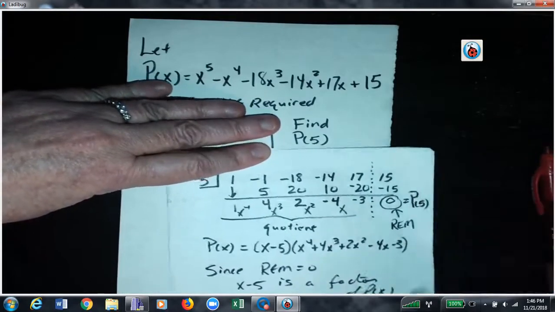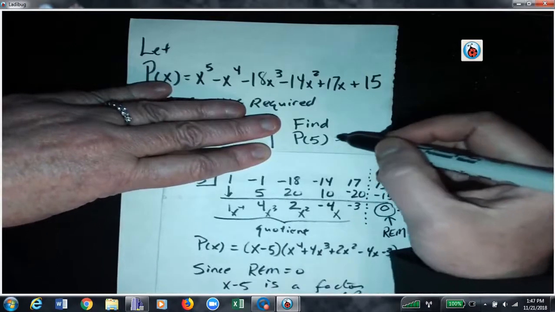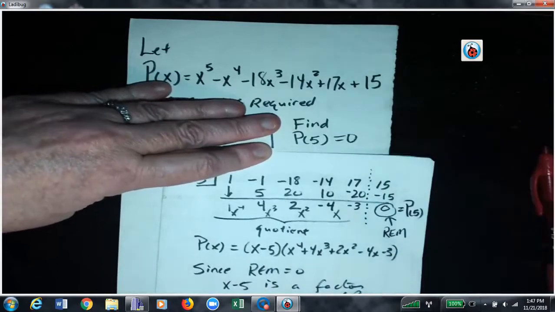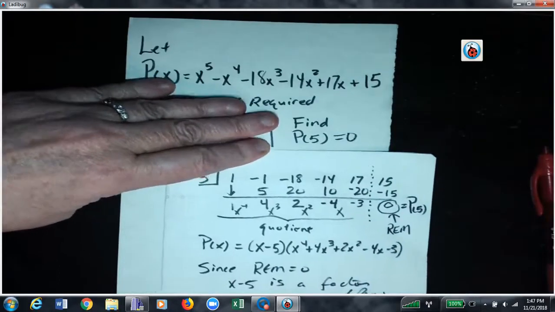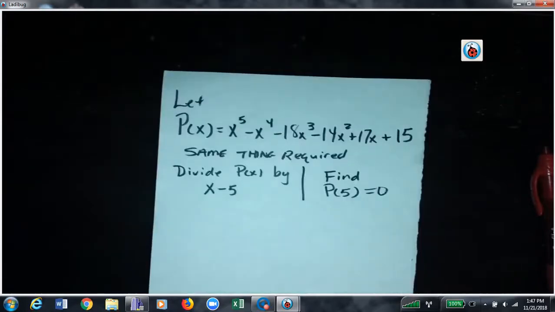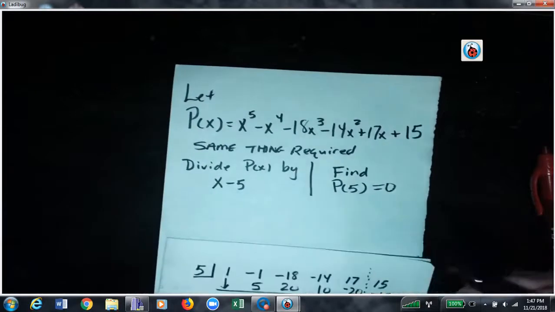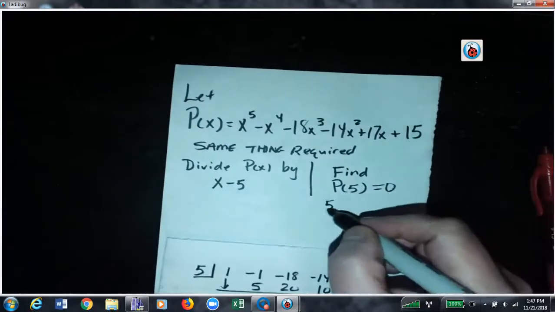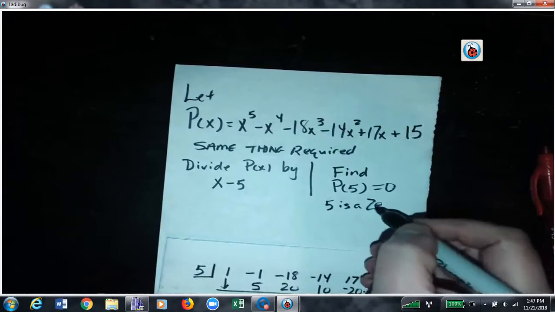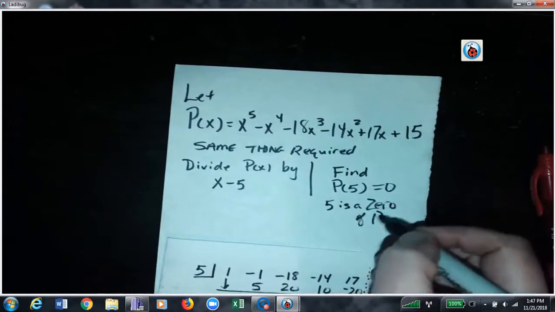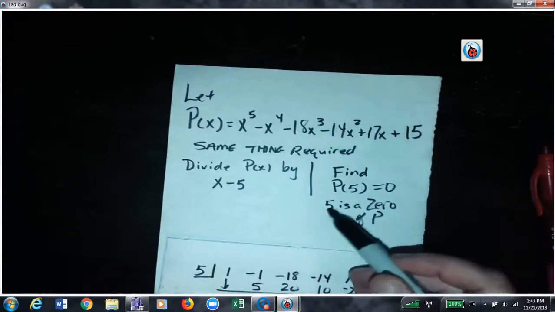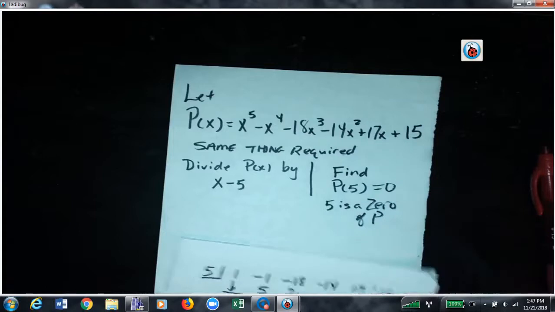And so p of 5 is equal to 0. So also, p of 5 is equal to 0, so we say 5 is a 0 of p, because p evaluated at 5 is equal to 0.